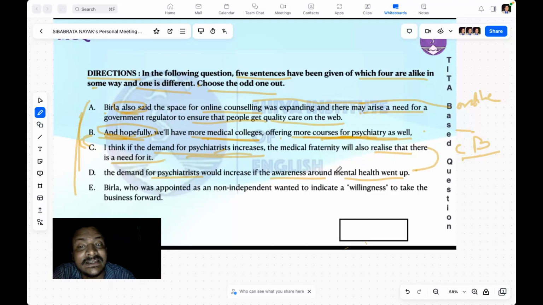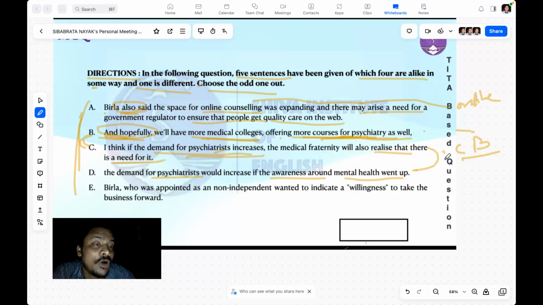Because it is stated that psychiatrist demand can be increased if there is awareness. And option C said that if the psychiatrist demand is increased, then the medical fraternity will think of what? Need of more medical colleges and offer more courses for psychiatrists.